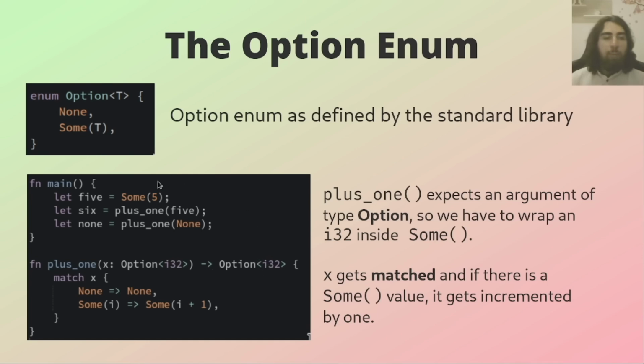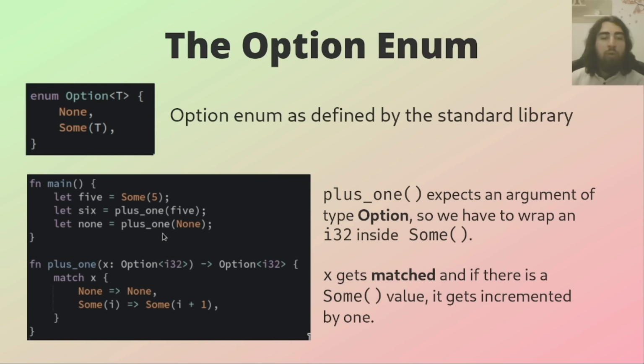And that means that this variable over here will then hold Some 6, right? Because we have incremented 5 over here by 1. So this will hold an Option type, and the concrete value would be Some 6, the Some variant, and a value of 6.